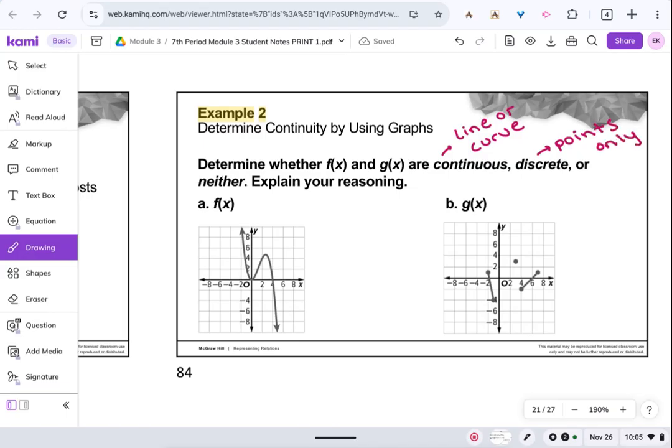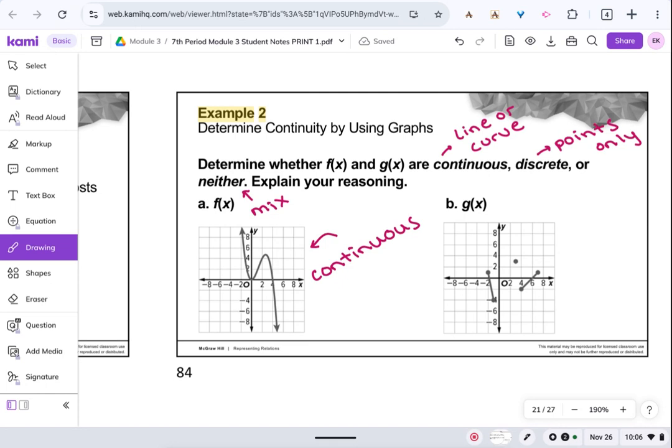And then neither is going to be a mix of the two. Okay, so lines, curves, points, etc. Okay, so looking at letter A, this is a continuous graph because it is all connected. Everything is connected as a curve. It doesn't have any points on it, so that one would be continuous.